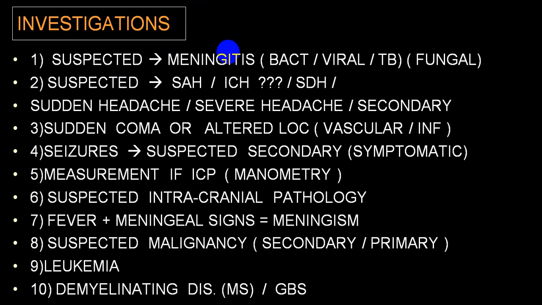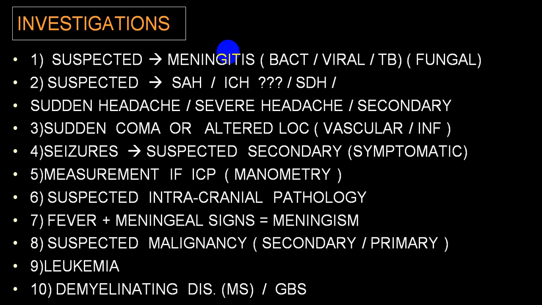The second most common indication is in a case of subarachnoid hemorrhage or intracranial hemorrhage. In that case, you want to find out the presence of RBC in CSF. You will be asking for CSF analysis.